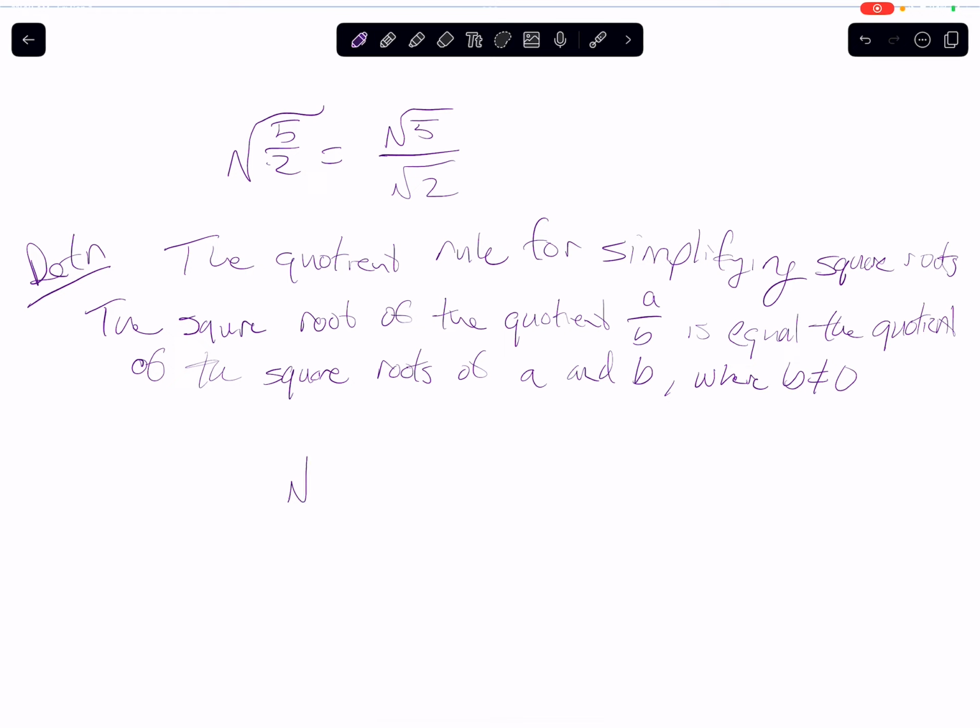So in other words, we write this as the square root of a over b is equal to the square root of a over the square root of b.